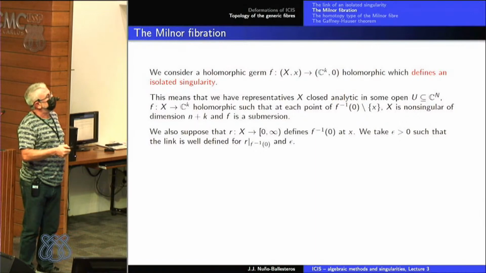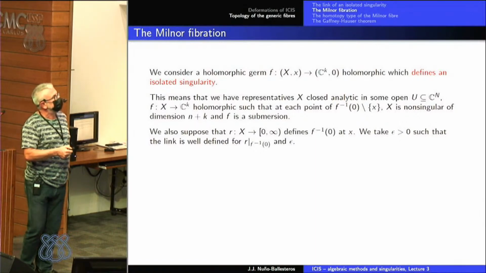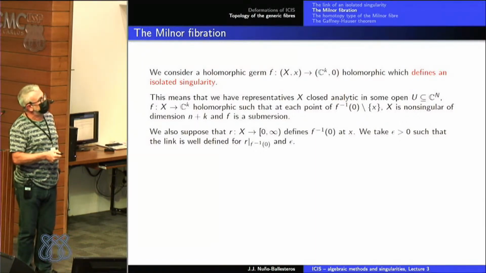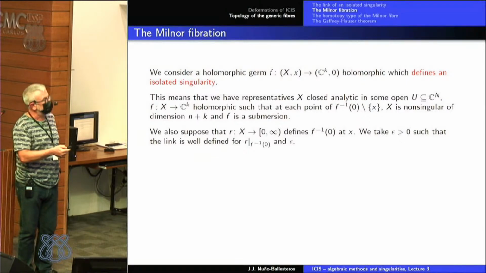So now we choose a control function r, which defines the fiber f^{-1}(0) at x, and take epsilon such that the link is well defined for this f^{-1}(0) at the point and epsilon.